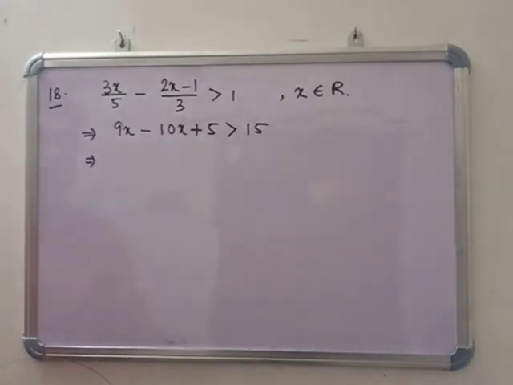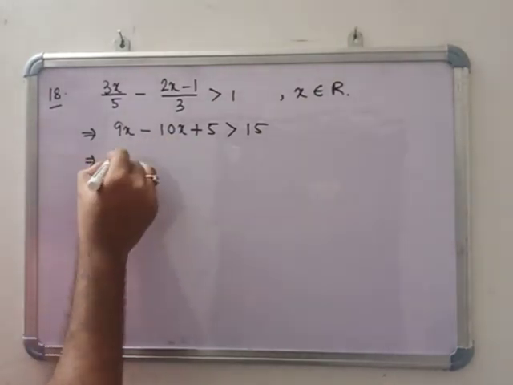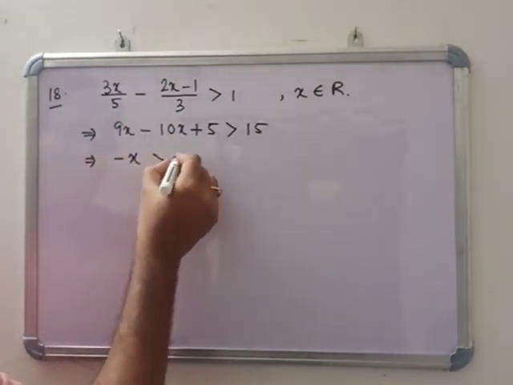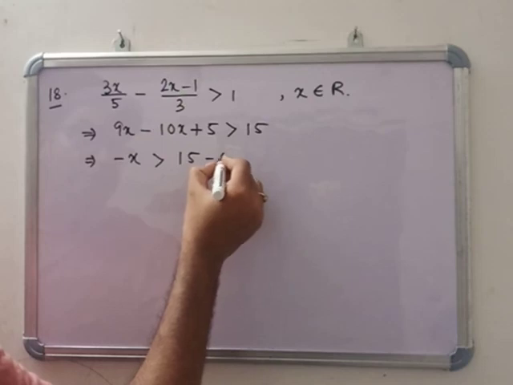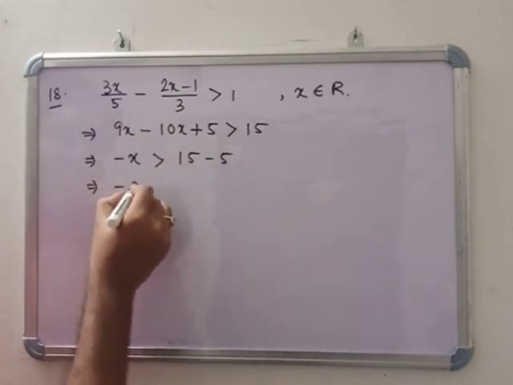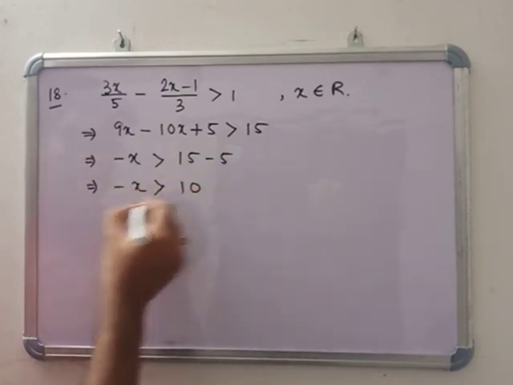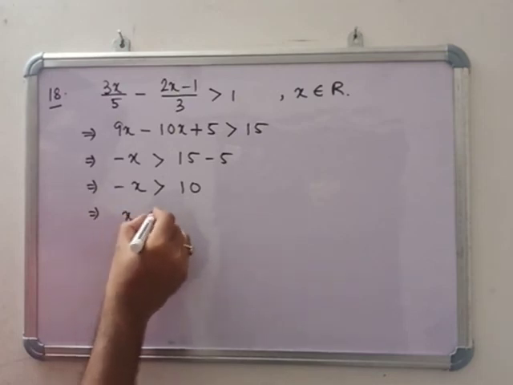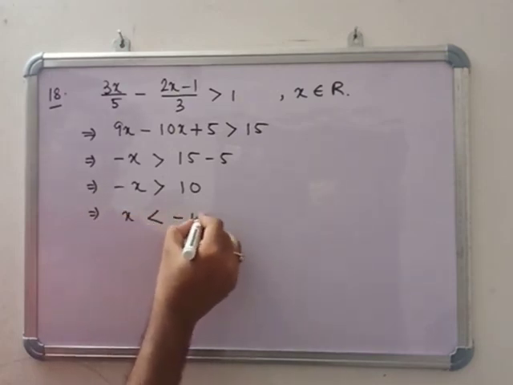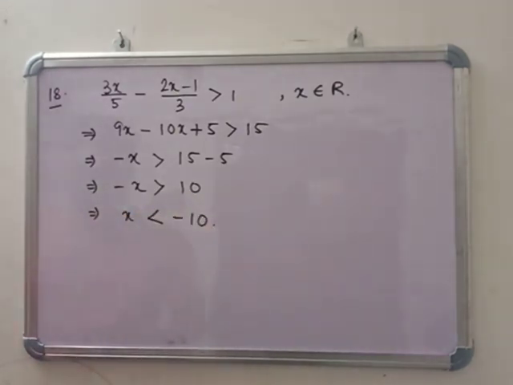Okay. So now if we write 5 on the right hand side, you can write this is minus x greater than 15 minus 5. That means minus x is greater than 10. That means x is less than minus 10.